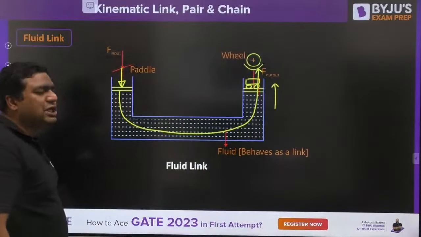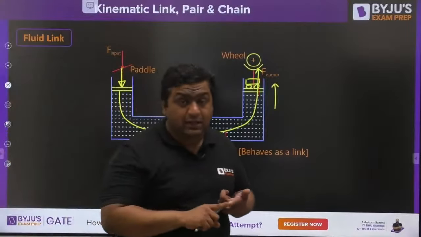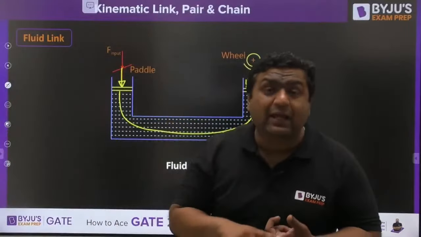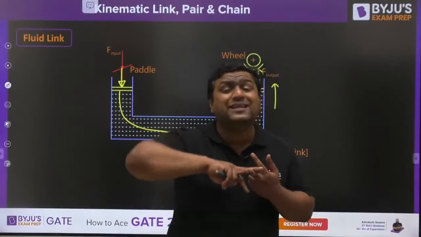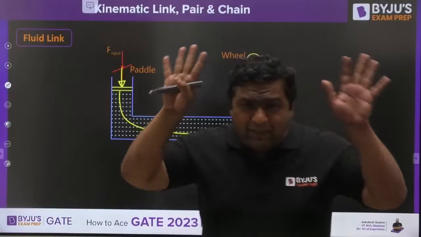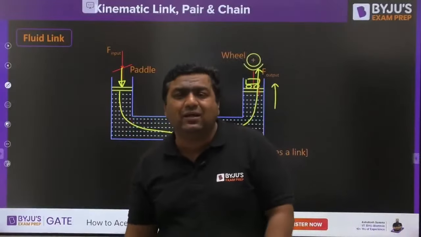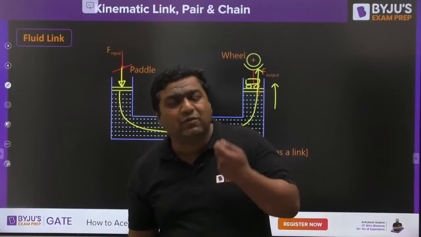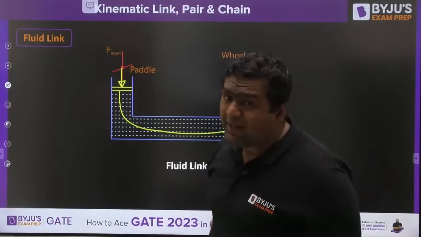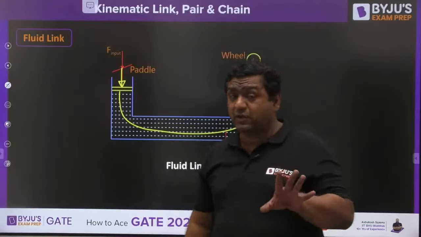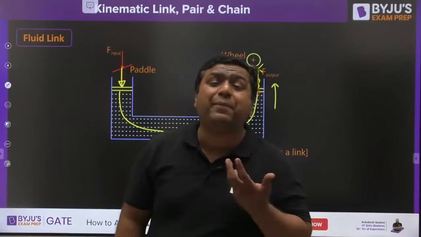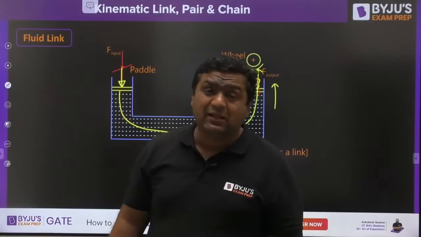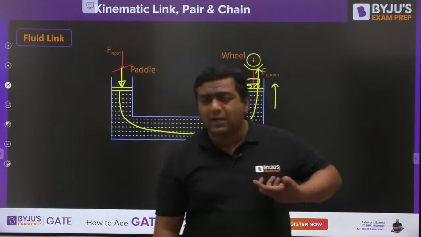So all the applications like hydraulic brake, hydraulic jack, hydraulic ram, hydraulic press, hydraulic intensifier, all the applications where you are using fluid, are said to be fluid acting as a link. Then only the motion is going to transfer. This is possible only because of the property pressure. Pascal gave Pascal's law related to this.